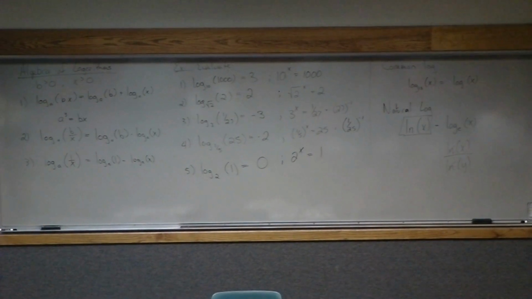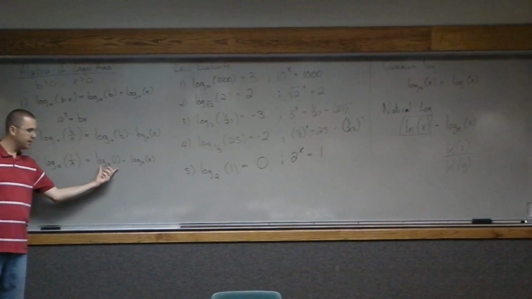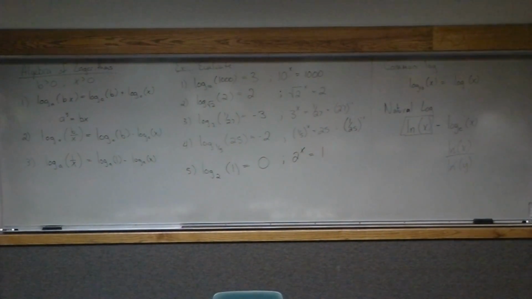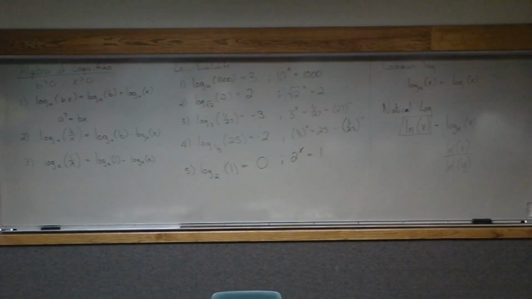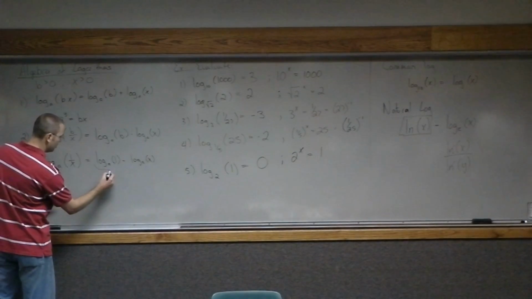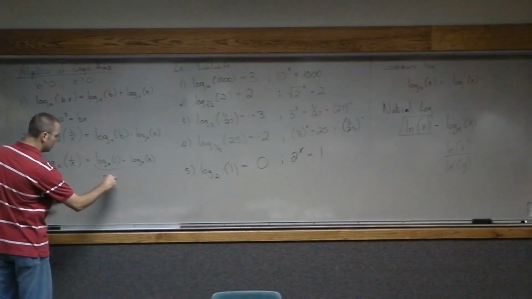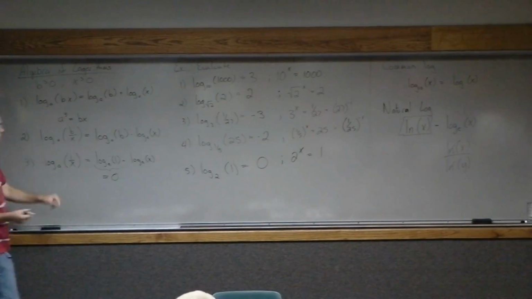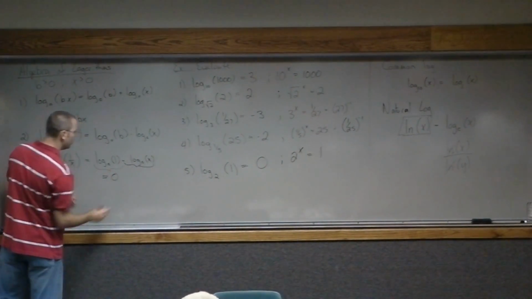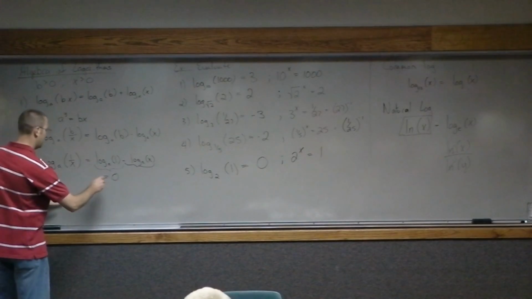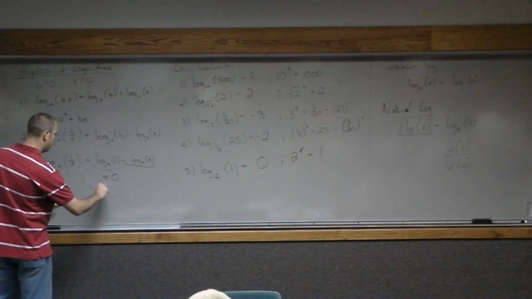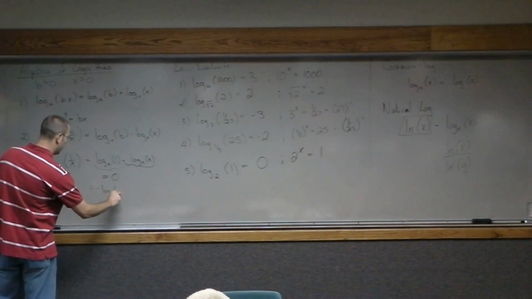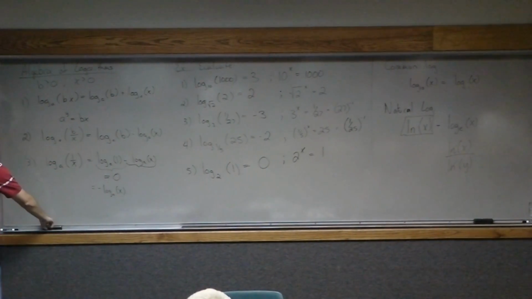Well, log base A of 1. What power do I need to raise A to in order to get 1 out? This is equal to 0. And so this is the only stuff that comes out. I get a negative log base A of x.